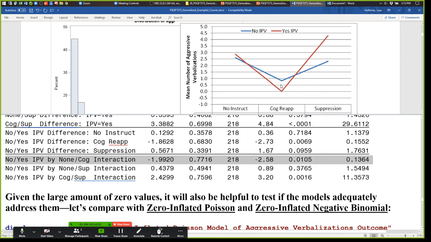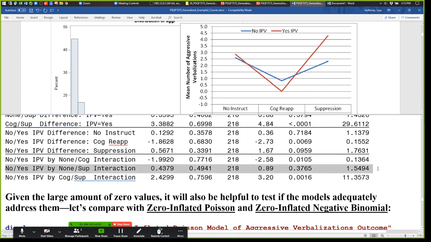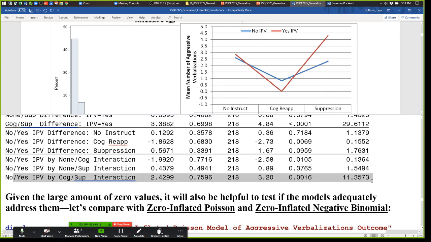This one is significantly more negative. If I want to compare the difference at none to the difference at suppression, are those differences different? Nope. And then last but not least, cognitive difference, suppression difference, are those differences different? Yes. Now we got the story.